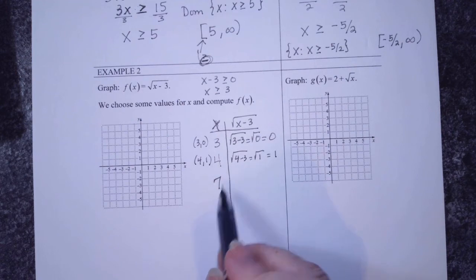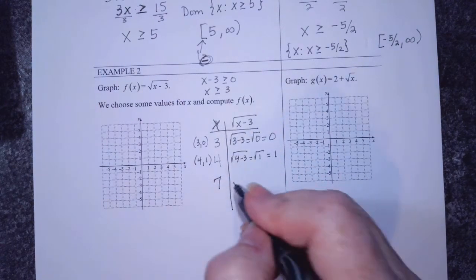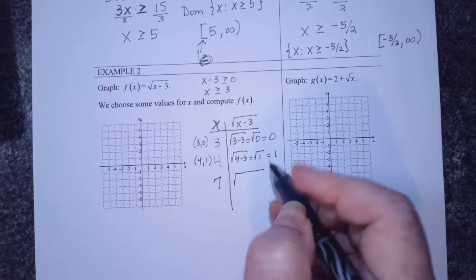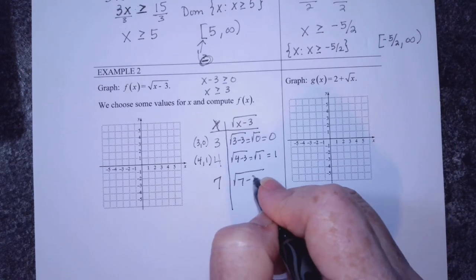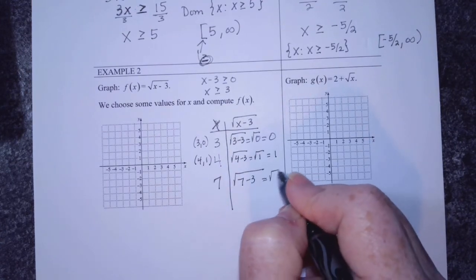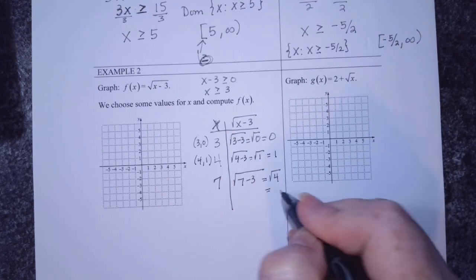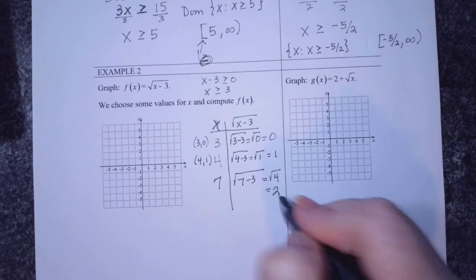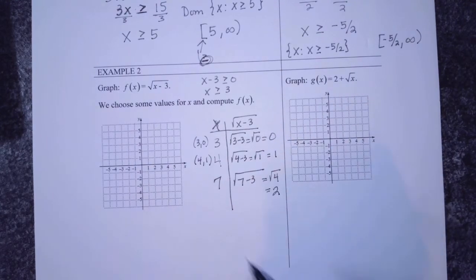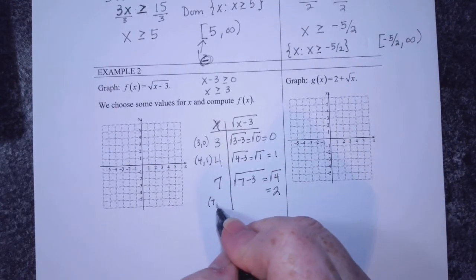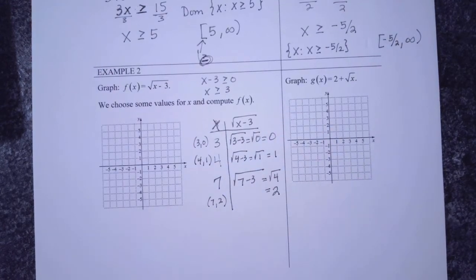If I replace x with 7, I will have the square root of 7 minus 3, which is the square root of 4, and that is good. So we have the point (7, 2) as well.